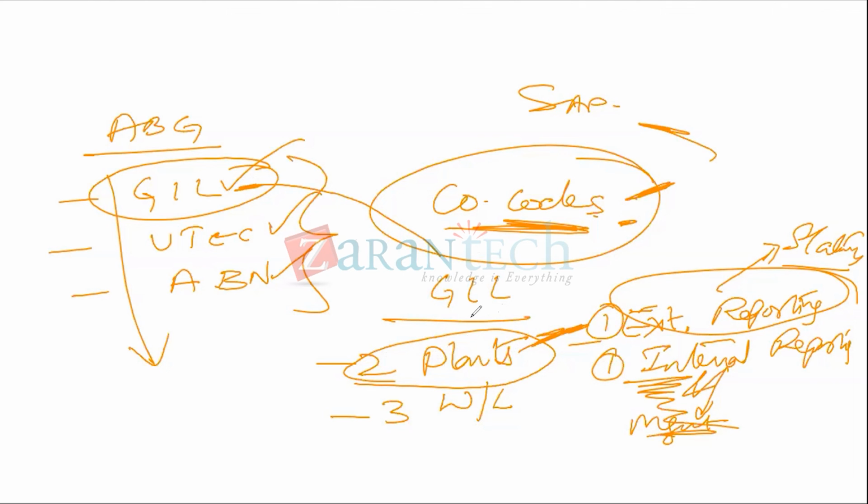So the importance of organizational units will be understood well when we understand the regular business and SAP definitions of those organizational units. Now for me, the moment I understand external reporting, I clearly understand that this is an additional company code.